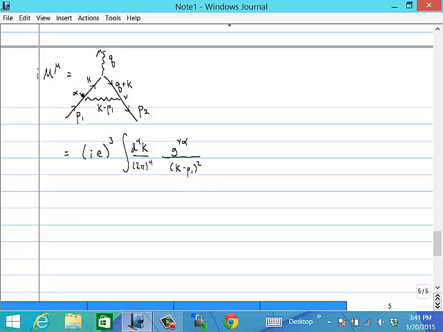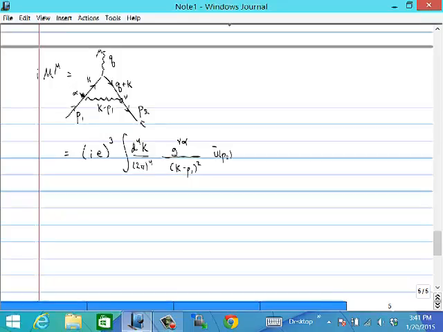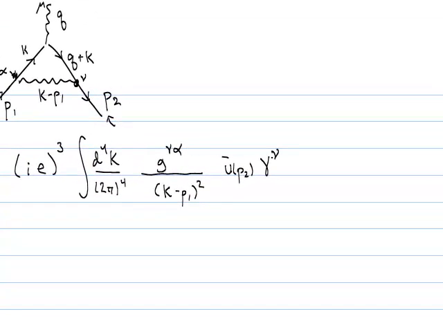Okay, now we have to write down all of the Dirac factors. So you start down here with the outgoing electron, and you have that spinor u bar of p2, and then you have this vertex right here, which is a gamma nu, and then you have the q plus k electron propagator.